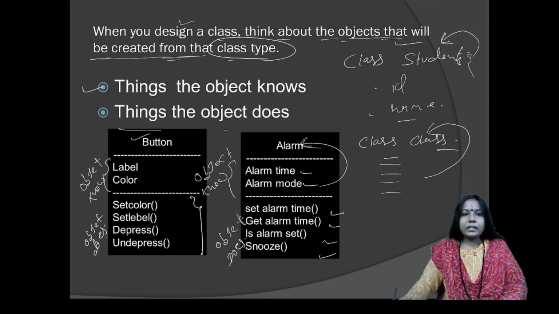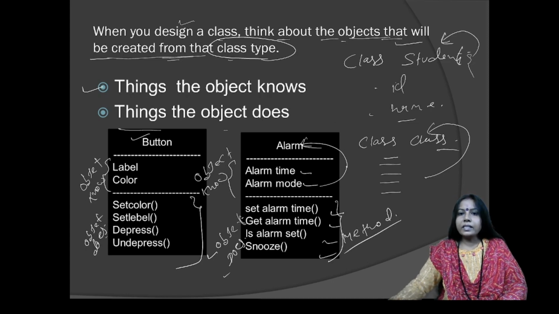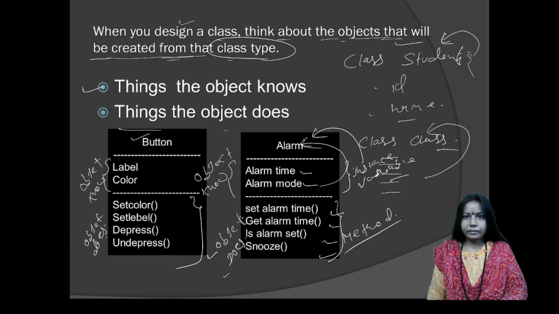So this part is called method, the object does, and this part is called the instance variable of this class. Okay.